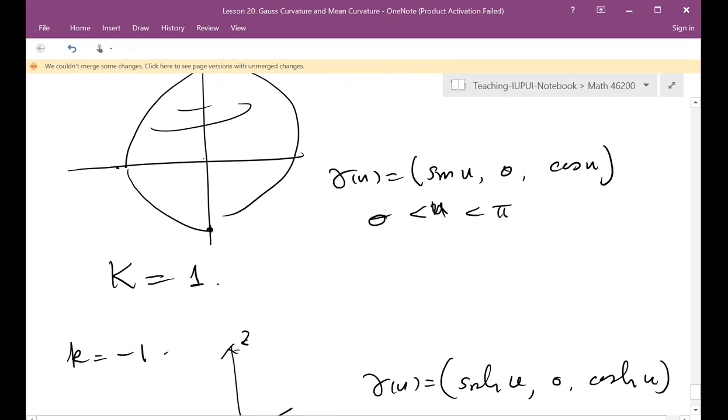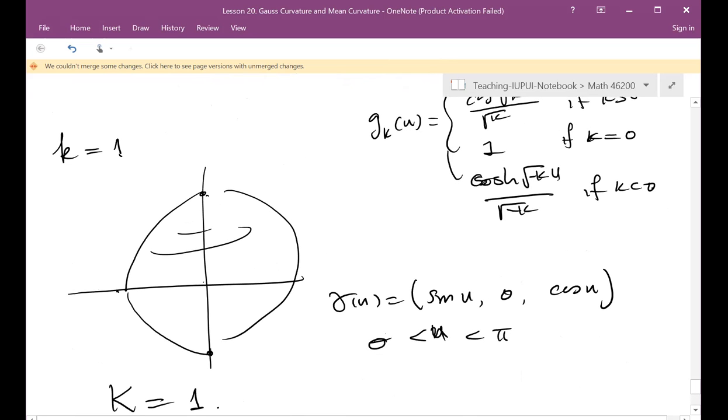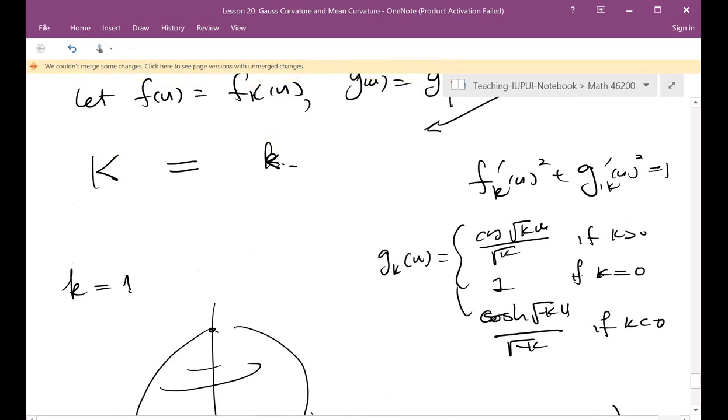I want to make sure this is a derivative. Let's see. When I differentiate, no, we are not able to guarantee.